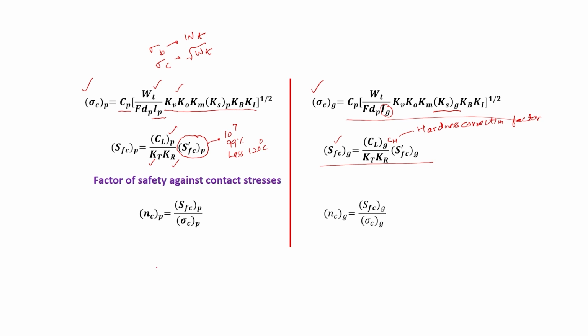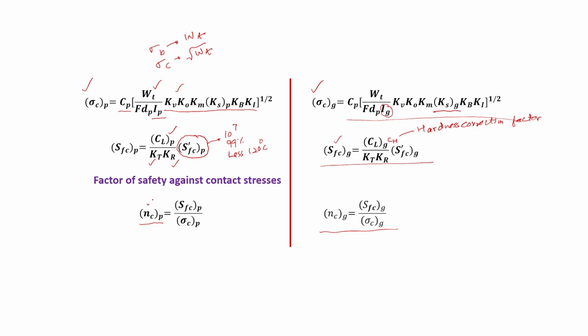And the factor of safety against contact stresses for the case of pinion is the ratio of surface fatigue strength of the pinion divided by surface contact stress which acts on the pinion. Similarly, the surface factor of safety for the gear material can be determined.